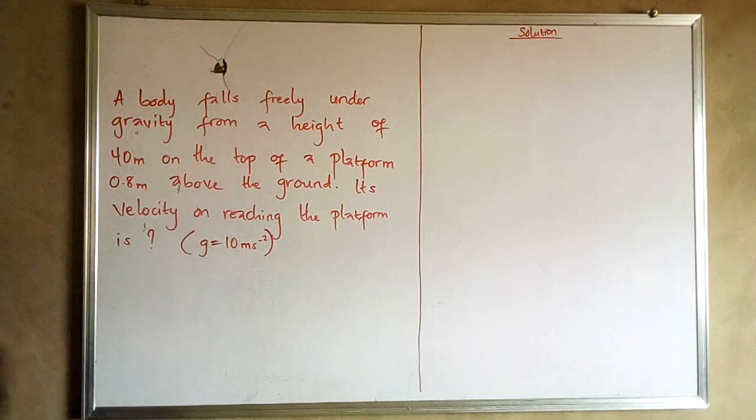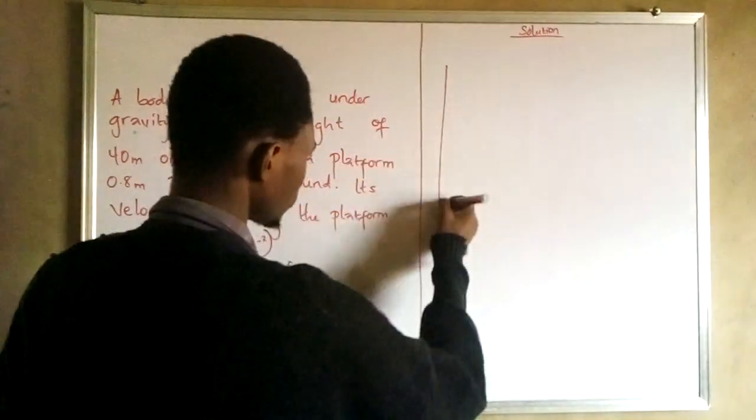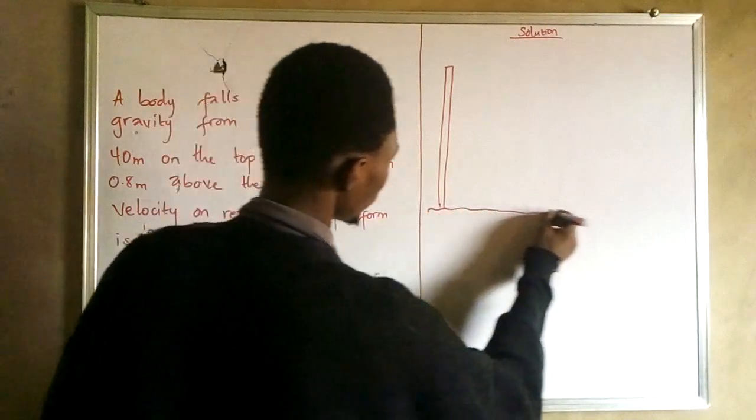From the question it says a body falls freely under gravity from a height of 40 meters on the top of a platform 0.8 meters above the ground. Now we need to draw our motion diagram. Let's assume this is the top and this is the ground.